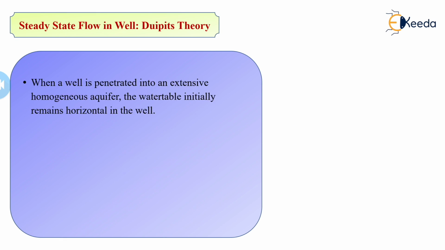So let's see. When we want to penetrate a well in an extensive homogeneous aquifer, the water table initially remains horizontal. If the well is excavated, or is there under the ground, then the initial water level is at the horizontal level.